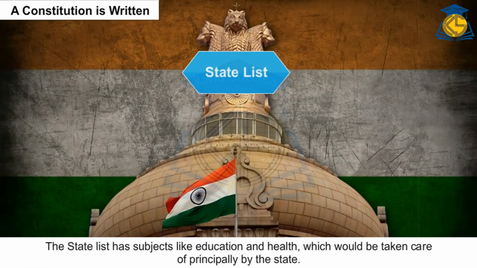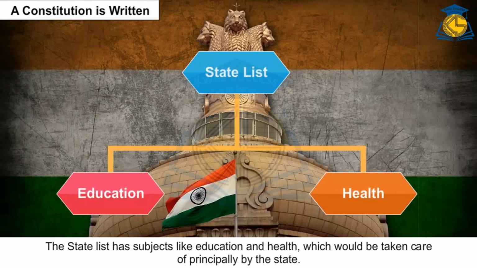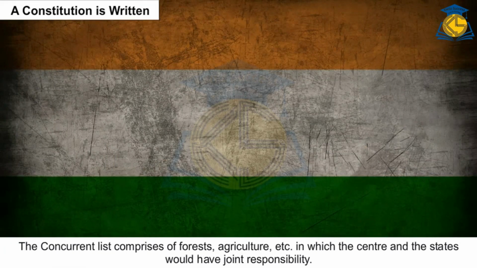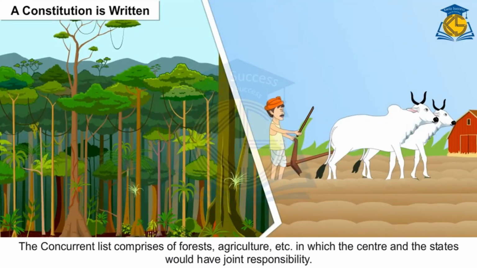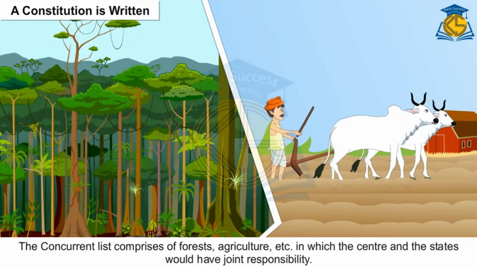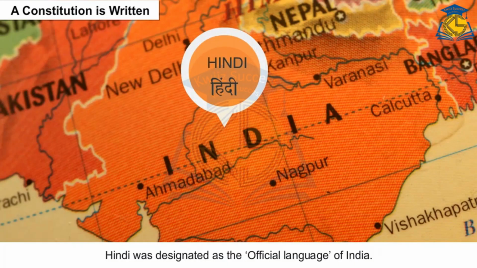The State List has subjects like education and health, which would be taken care of principally by the state. The Concurrent List comprises forests, agriculture, etc., in which the centre and the states would have joint responsibility. Hindi was designated as the official language of India.